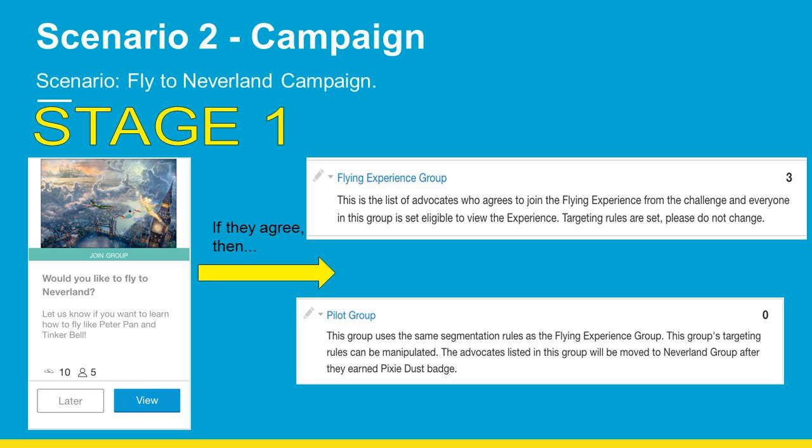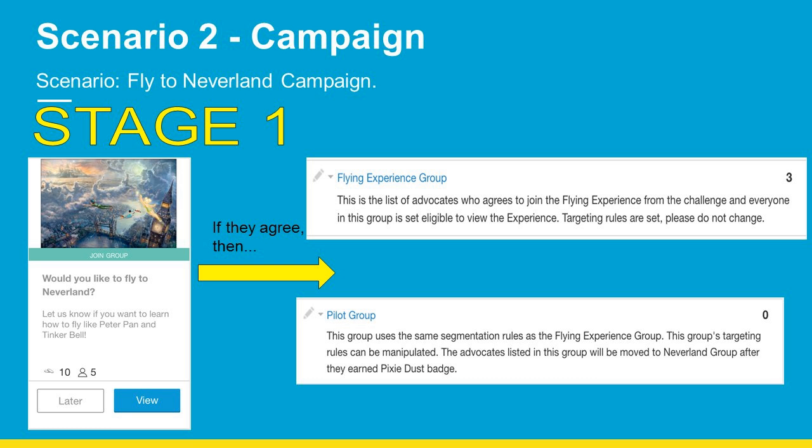However, the second group, this is why the second group is there, the second group allows such manipulations, and this is the group where I will move to the Neverland group. So pilot group is the first group, and then if I want to move people automatically to the Neverland group, I would have to set some targeting there, which we will discuss later.